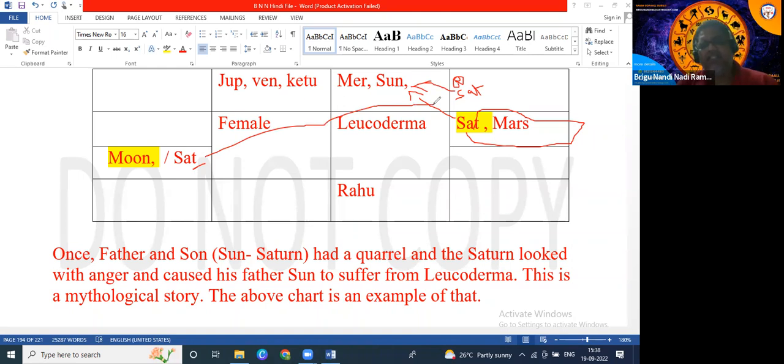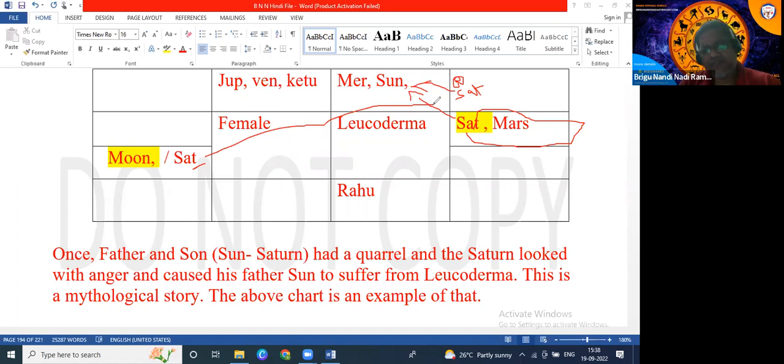From there, if it is conjoined with Sun, then only the native will get this leukoderma. Just because Saturn is aspecting Sun or Sun is aspecting Saturn, nobody will get leukoderma. Here, Saturn should be conjoined with Mars. Mars here is ego and anger. And at the same time, this Saturn connecting to Mars should aspect Sun by being retro or by exchange with any other planet.